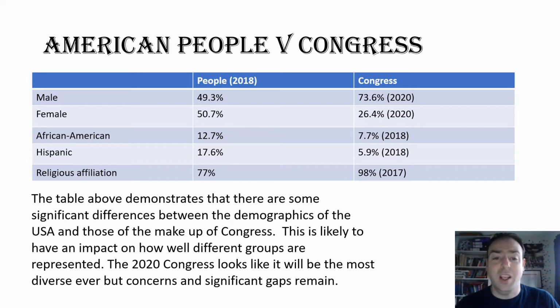The gap is particularly big for Hispanic Americans, and we are seeing at the moment, as I make this video, calls from the Hispanic caucus in Congress and from the Hispanic community for Biden's cabinet to reflect the full diversity of America, and particularly to reflect their groups.